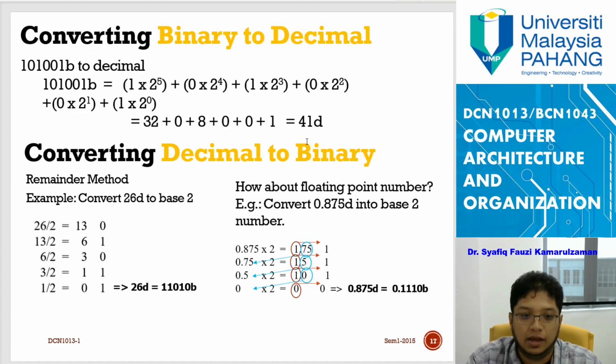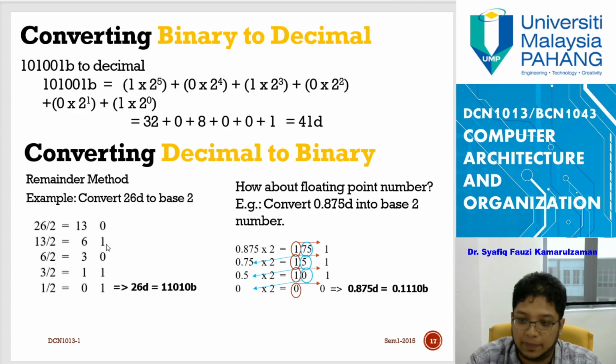When you want to convert from decimal to binary, we do the divide and remainder method. How do you do it? Here we have 26 decimal and want to convert to base 2. First, 26 divided by 2 is 13, with no remainder, so it becomes 0. Then we pull down 13, and 13 divided by 2 is 6 with remainder 1.